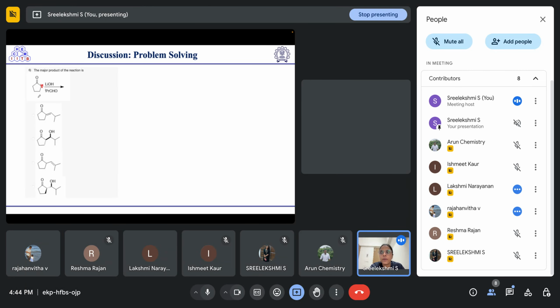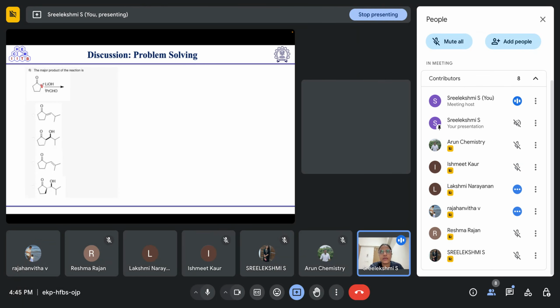Because this is a cyclic compound, there is only the possibility of one enolate, right? So Z or E? The E enolate is forming here.